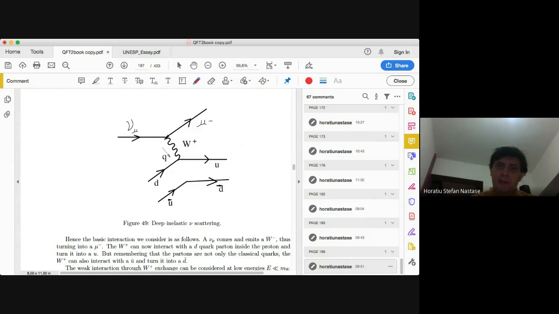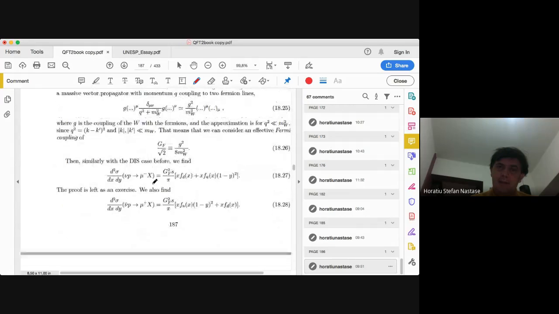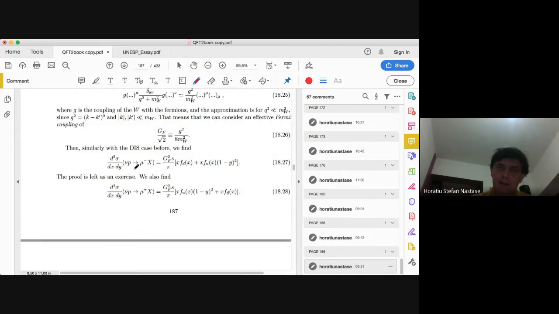So I have W minus being exchanged in here, and then this will change oppositely, the up into down. And in that case, I can have the interaction of nu with the proton, generating the mu minus with hadrons.